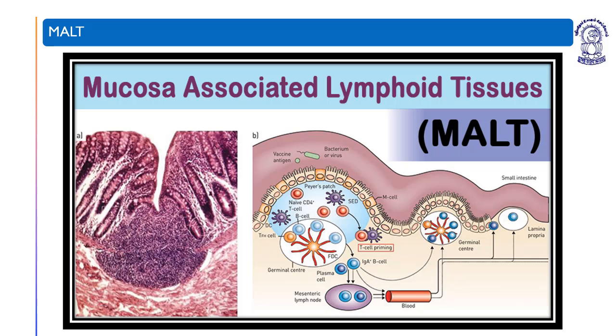It has different categories like gut associated lymphoid tissue and bronchus associated lymphoid tissue. Peyer's patches also belong to it. These are sites of production of B lymphocytes and T lymphocytes. They also produce macrophages and dendritic cells.